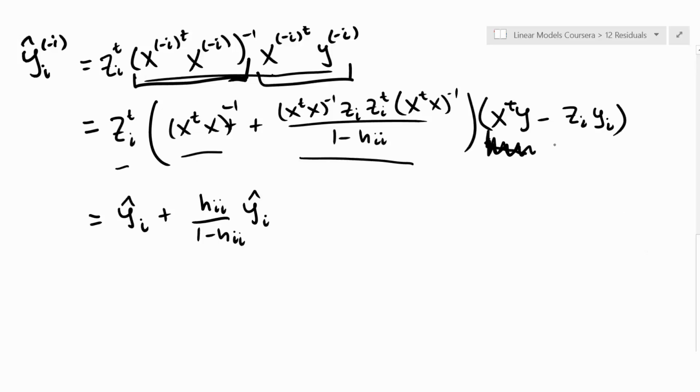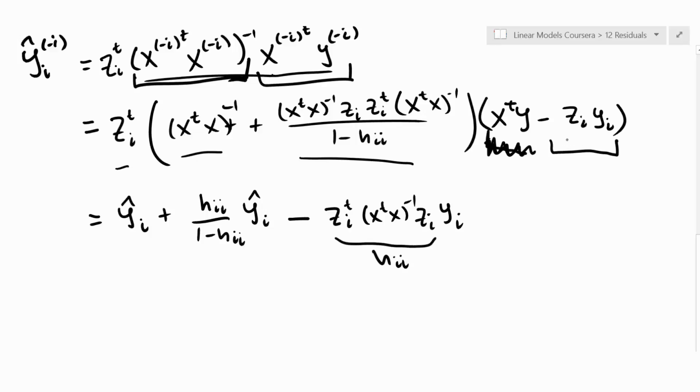Okay, so that takes care of multiplying times this guy. Now let's take this term right here and multiply it through. So we get a minus z_i transpose (X^T X) inverse z_i y_i, and that quantity right there is h_ii.